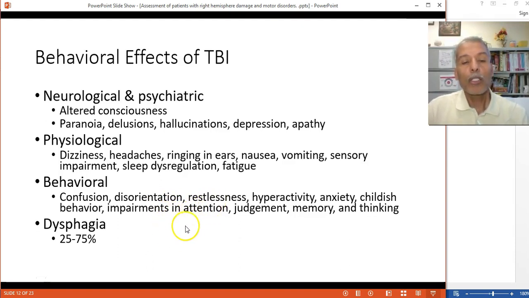So confusion, disorientation, restlessness, hyperactivity, because especially if the frontal part is affected, the person is going to have difficulty inhibiting their physical behavior, their motor behavior. So they can't control themselves. They will have anxiety. They may produce childish behavior. Attention is impaired. Judgment is impaired. Memory is impaired. Thinking is impaired.